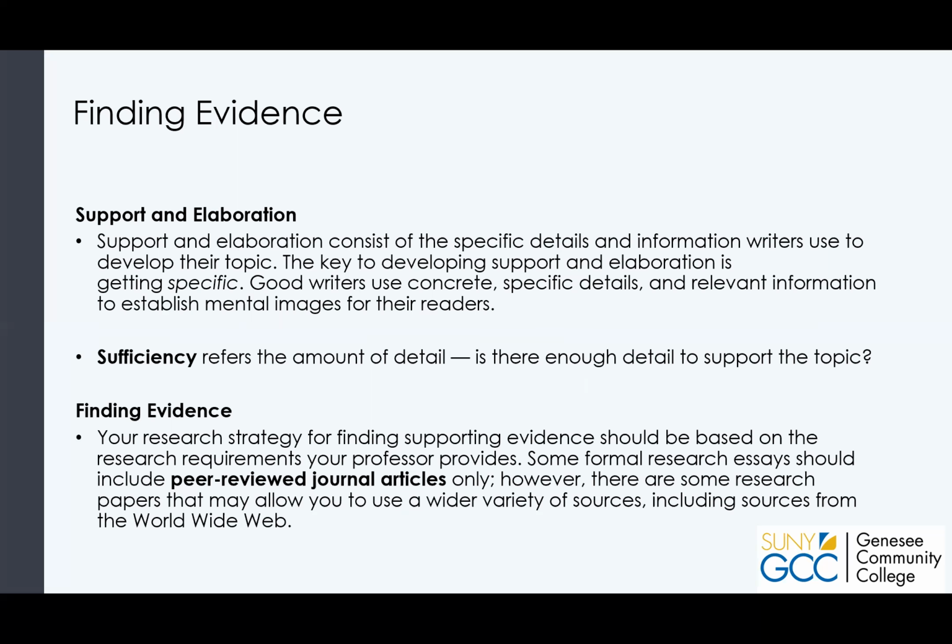Support and elaboration consist of the specific details and information writers use to develop their topic. The key to developing support and elaboration is getting specific. Good writers use concrete specific details and relevant information to establish mental images for their readers.